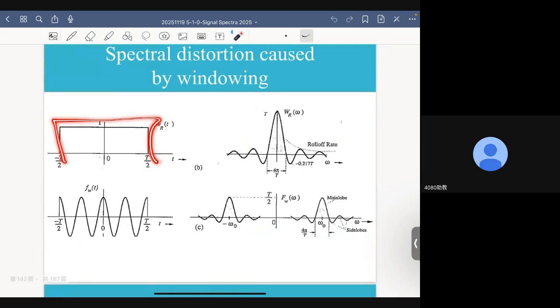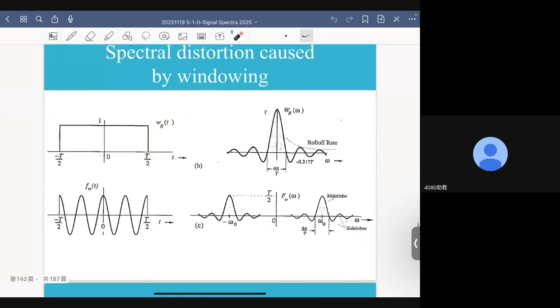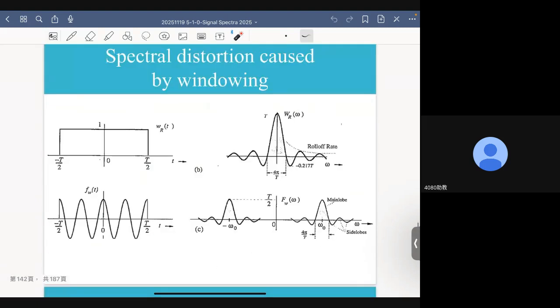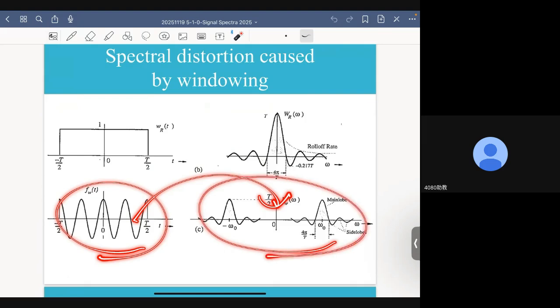Here, we use a rectangular function. And after multiplying the original signal, which is a sinusoidal function, this is what we have. And this is the frequency spectrum.